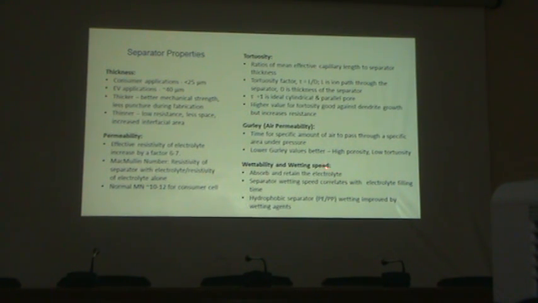Wettability and wetting speed: how well the separator absorbs and retains electrolyte, and the wetting speed is directly correlated with the electrolyte filling time. That is very important. When you make lab-scale cells with a micropipette, it doesn't matter; you can throw in more electrolyte and nothing is going to happen.